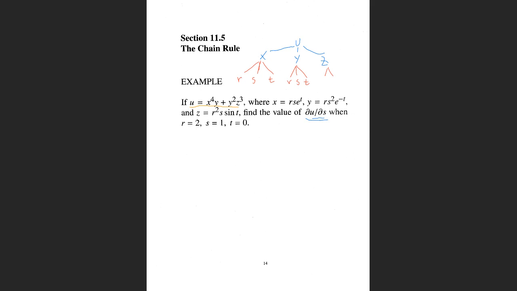And z is a function of r, s, and t. So I'm gonna go to the solution in a moment, but can you write out the chain rule based on the flow chart? You want to give it a try before we go to the solution?